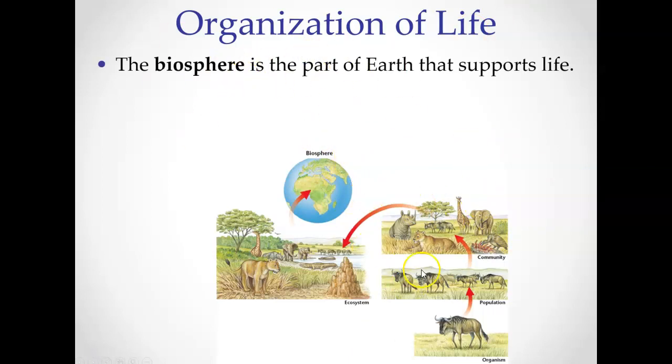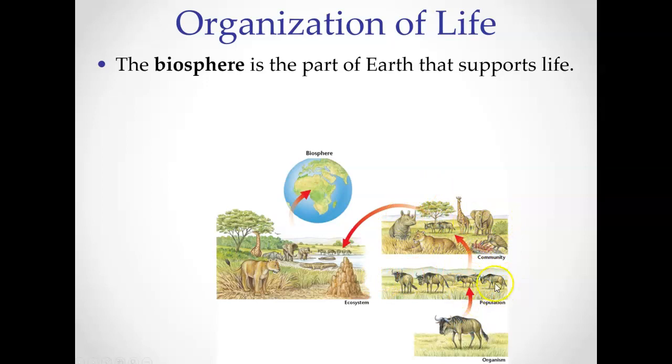A biosphere is a part of Earth that supports life. It's the big overarching umbrella term that we use to describe a particular area where things live. An ecosystem is a specific place within that biosphere, for example, the savanna. A community is whatever creatures happen to live within that ecosystem.